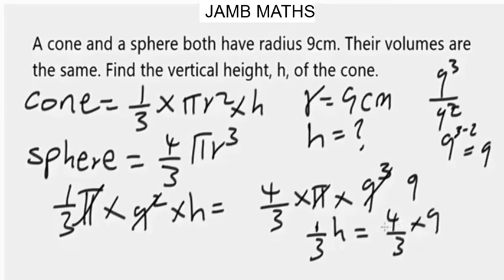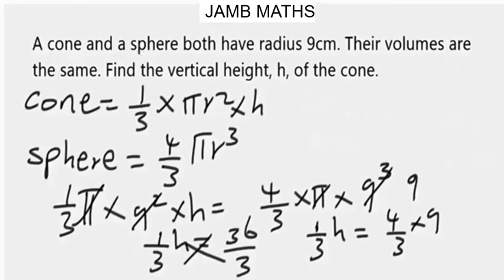Let's break this down. When you break it down, 9 times 4 will give us 36. So we have 1/3 h equals 36/3. You cross multiply, and you're going to have 3h equals 36 times 3. 36 times 3 will give us 108.